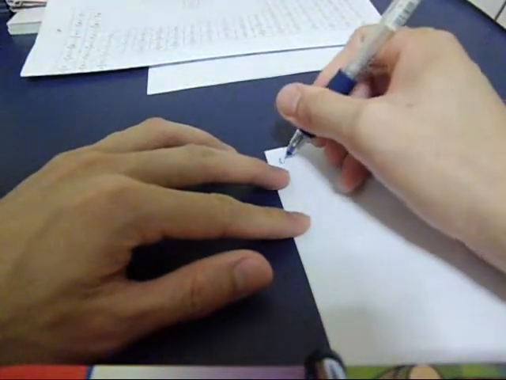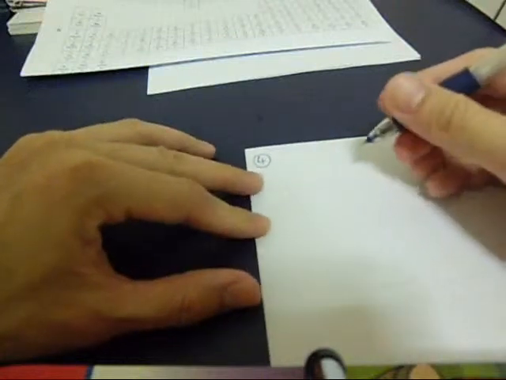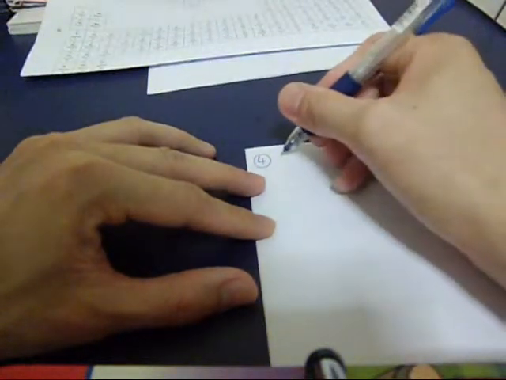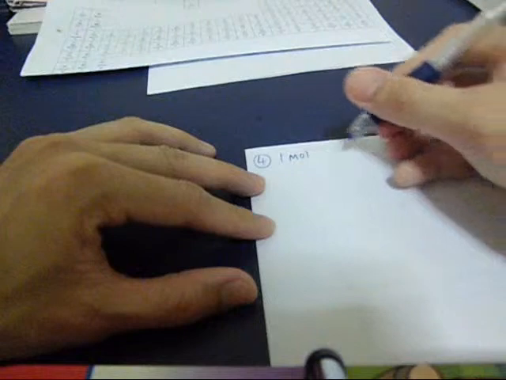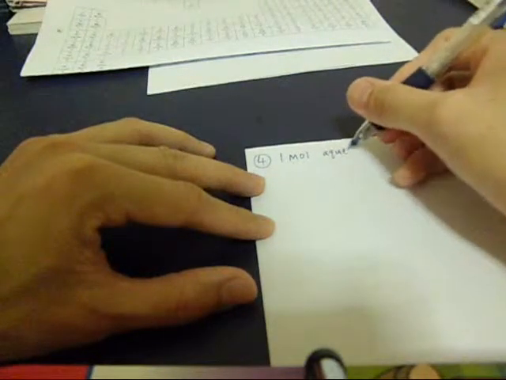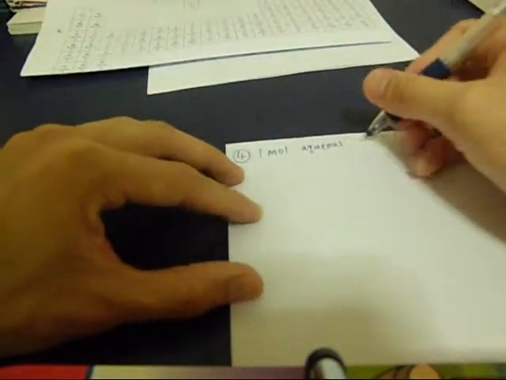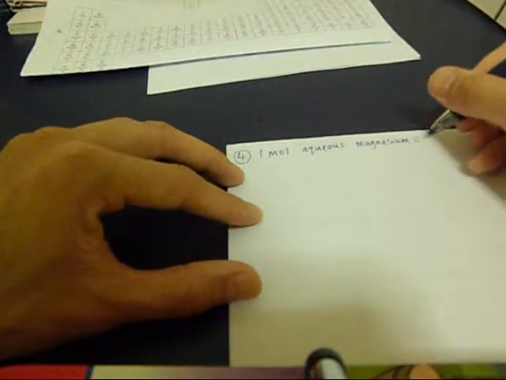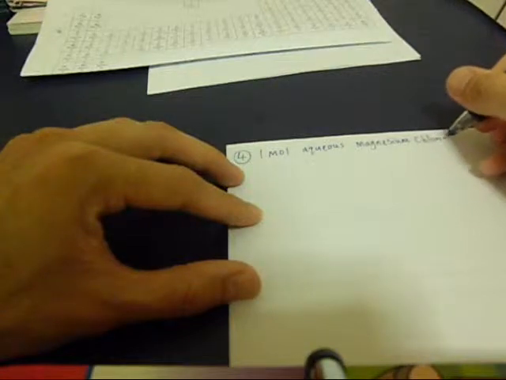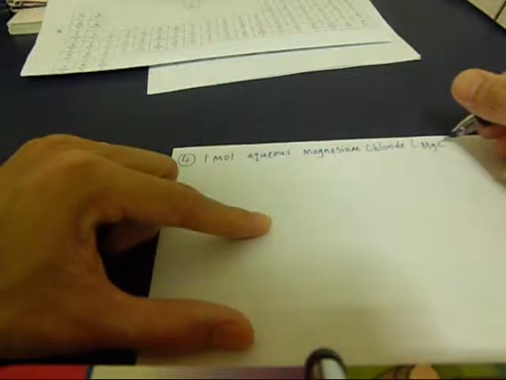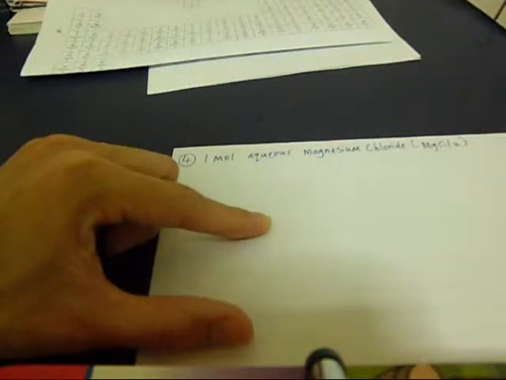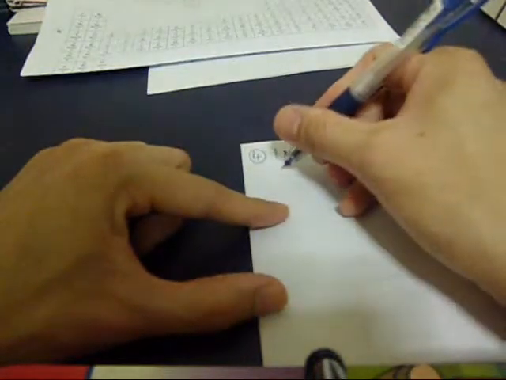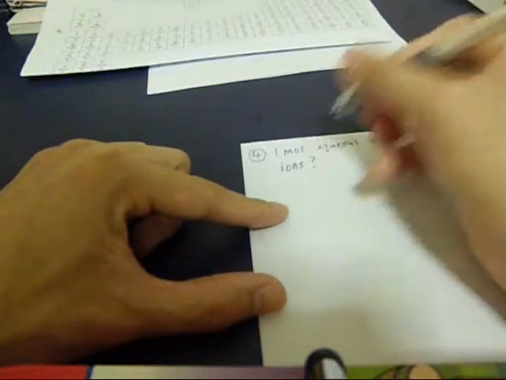Now let's look at the fourth example. You are given 1 mole of aqueous magnesium chloride, MgCl2, and the question asks you how many ions are there.